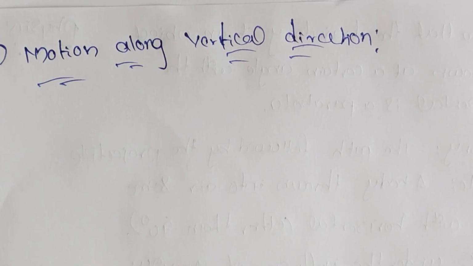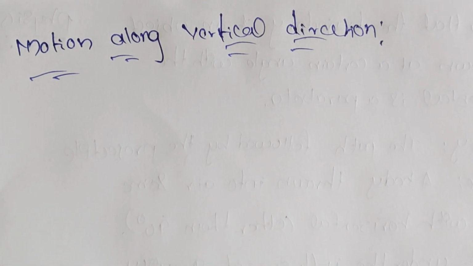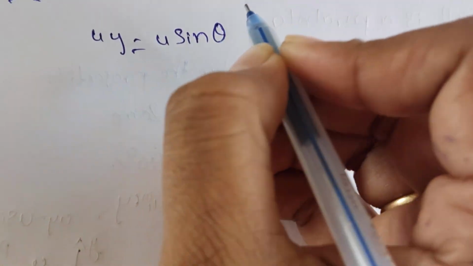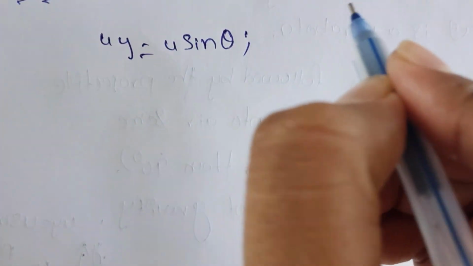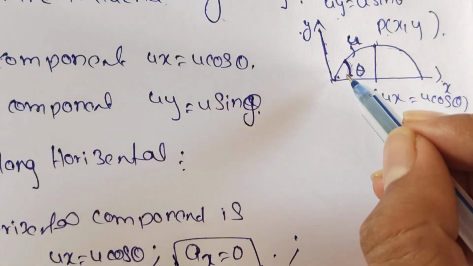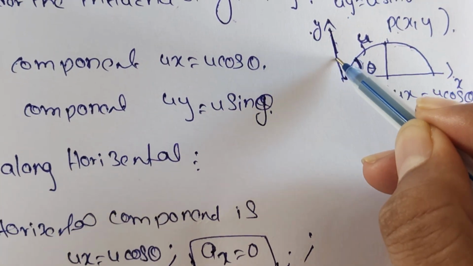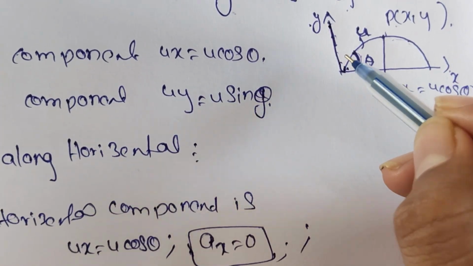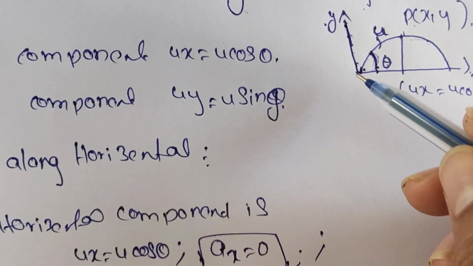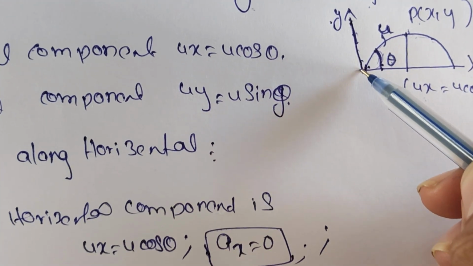And now we are going to look at the vertical direction components. Previously we have uy equal to u sin theta. The object travels with velocity in the vertical direction, and it acts opposite to gravity.